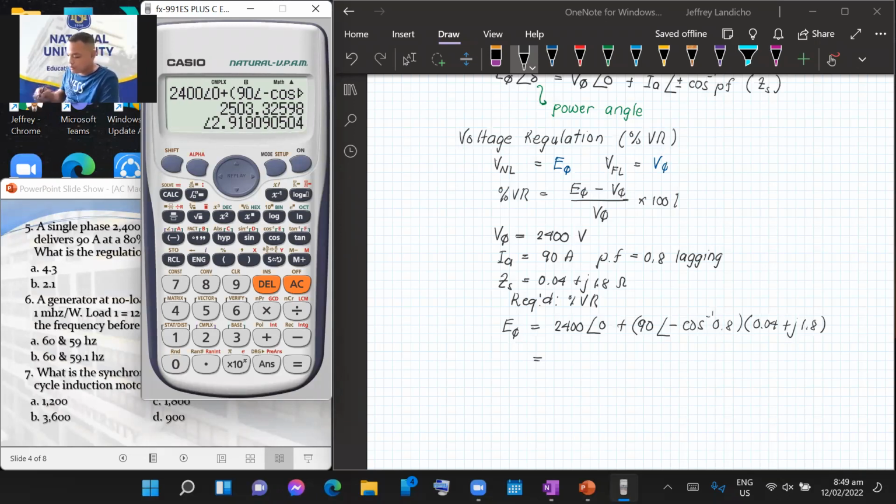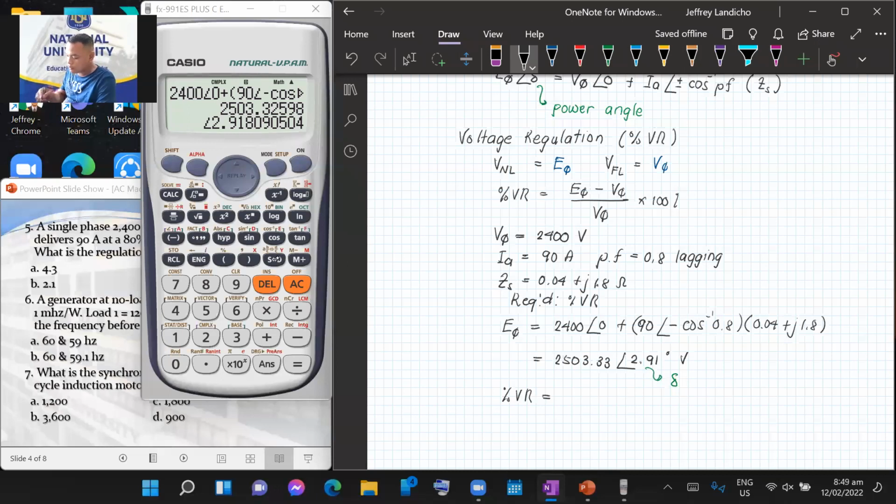So you have now 2,503.3 volts at an angle of 2.92 degrees. This angle is our power angle delta, in case it is asked.